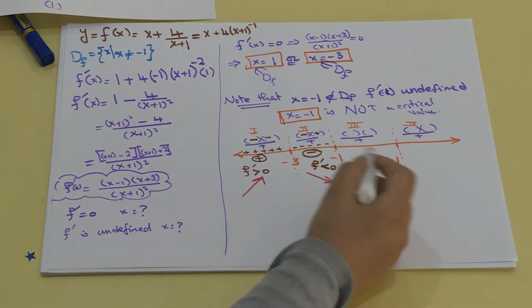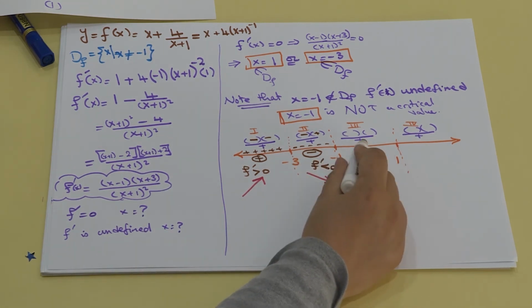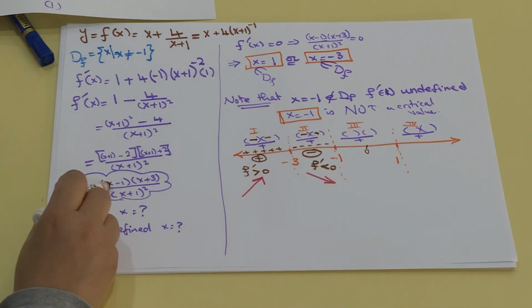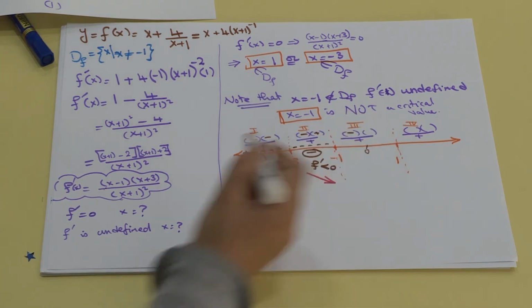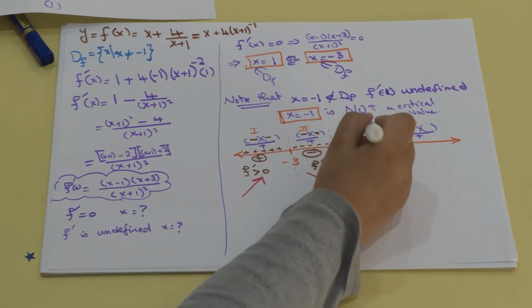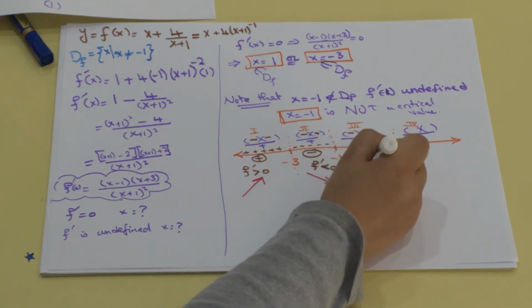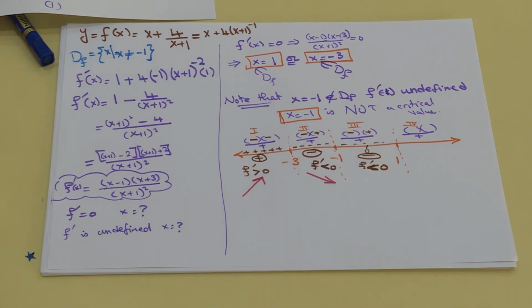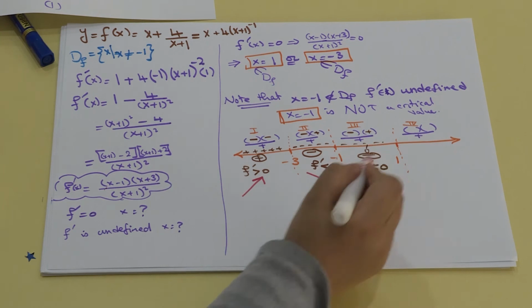Now we go further. Anything between -1 and 1, we should choose the simplest, which is 0. I take 0 and I substitute in the f prime. 0 minus 1 is minus. 0 plus 3 is plus. So the whole thing is still negative, telling us that f prime is less than 0 here also. So the function is decreasing here.